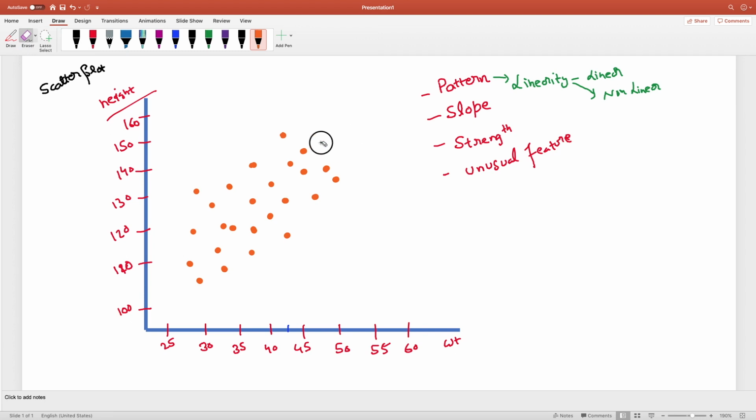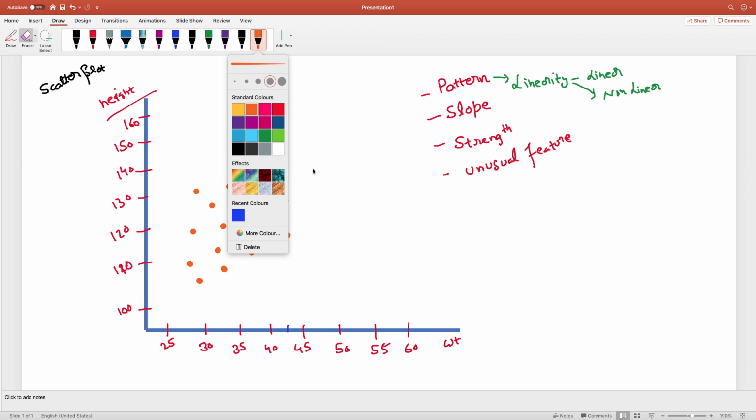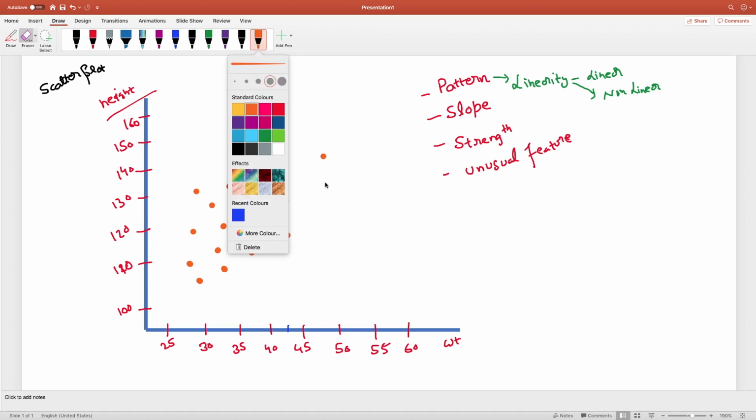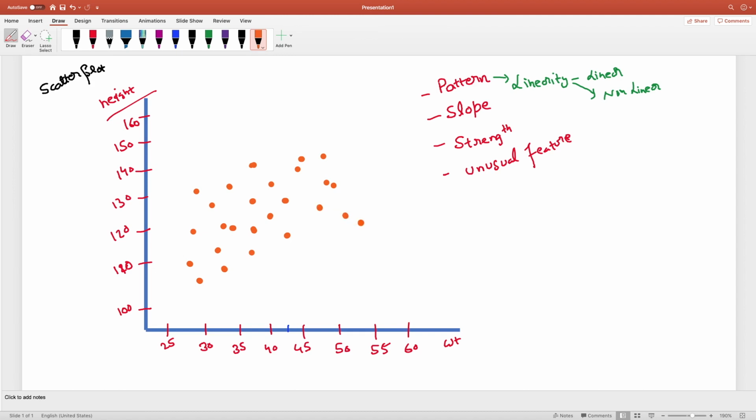So let's say these are the points, right? And I can give you some idea about other points. For example, what I can think of is that we have some patterns which are decreasing over a period of time, something like this.